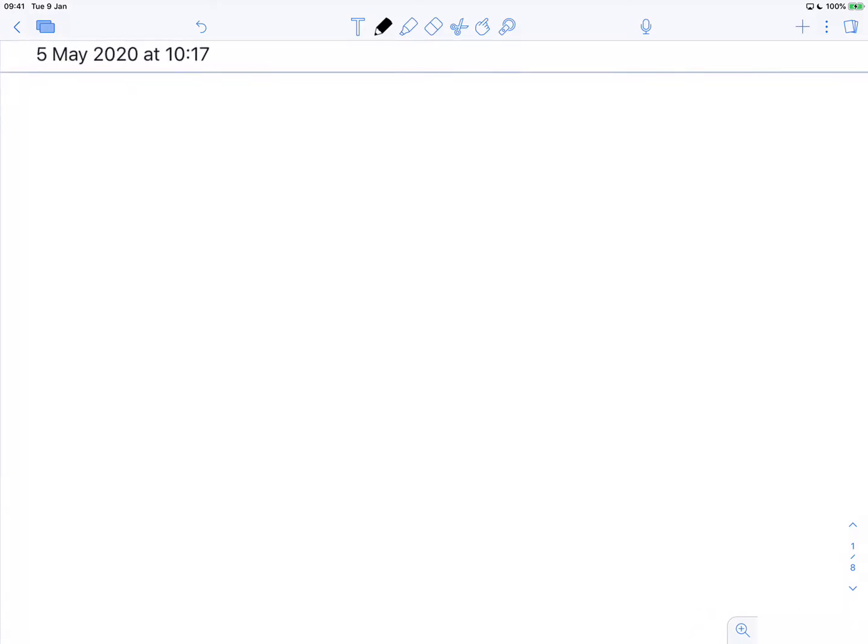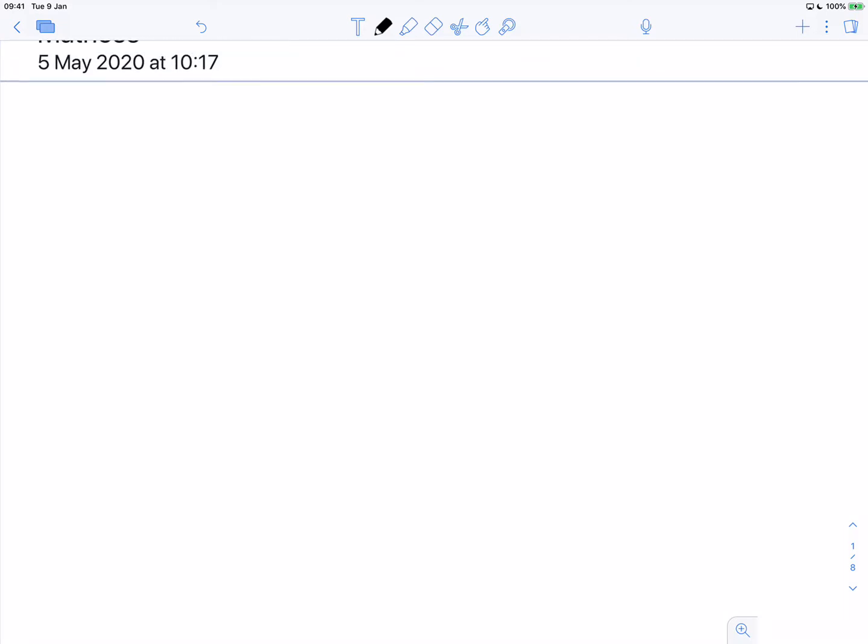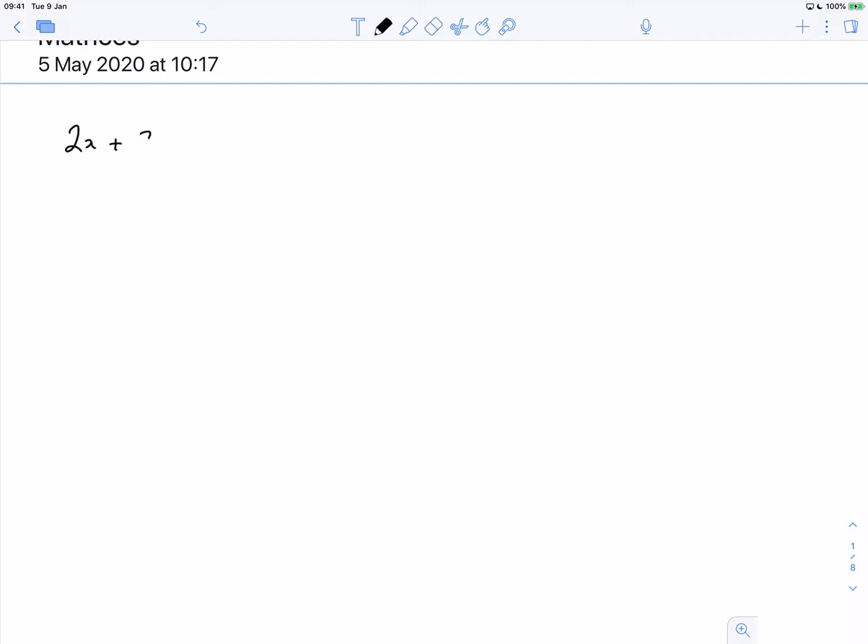Well, let's suppose I have this system of equations. Let's say I've got 2x plus 3y equals 10. And then let's say I've got 3x minus 2y equals, what would be a good number?